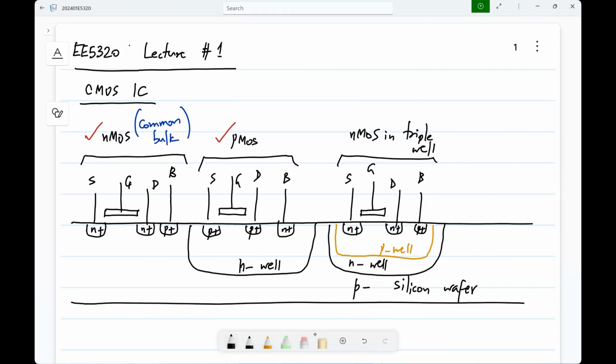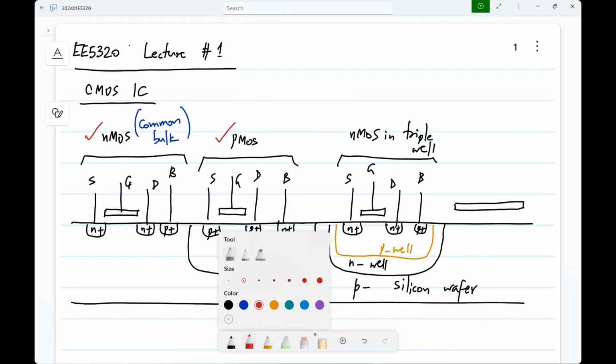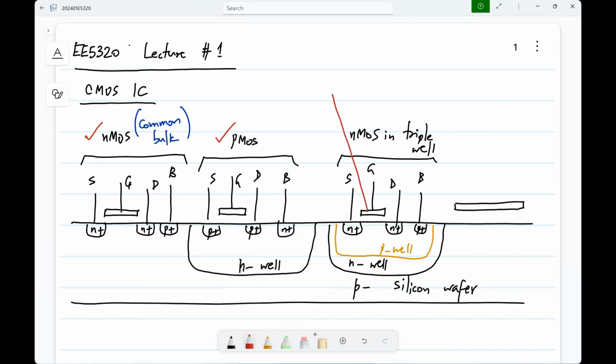And then you will have many metal layers so that you can connect to these. Modern processes can have up to 10 metal layers, stacked on each other. Once you have lots of these, first of all, this gate itself will typically be polysilicon, and then you have lots of metal layers.